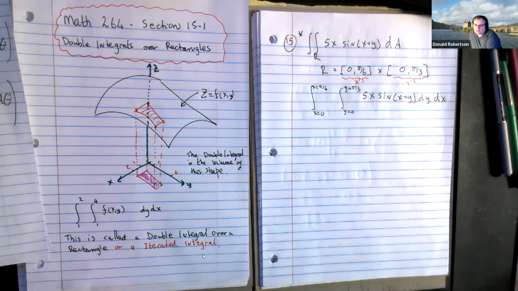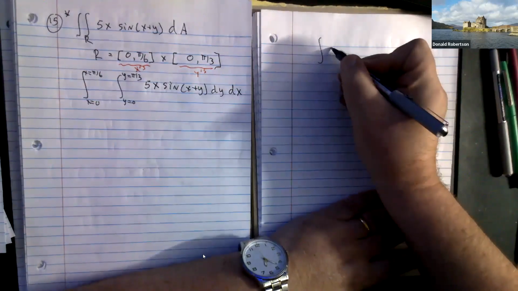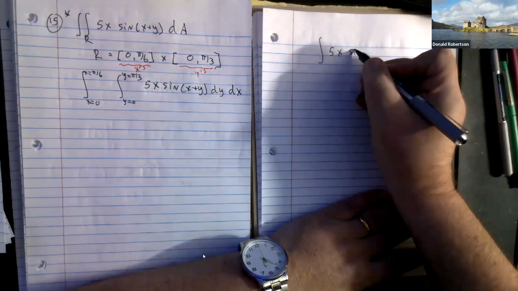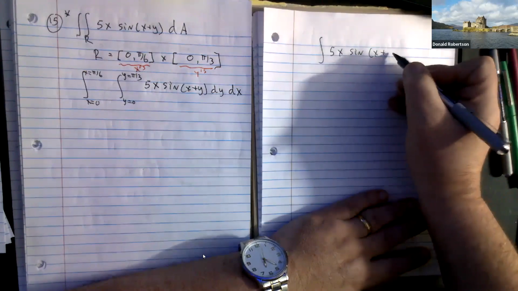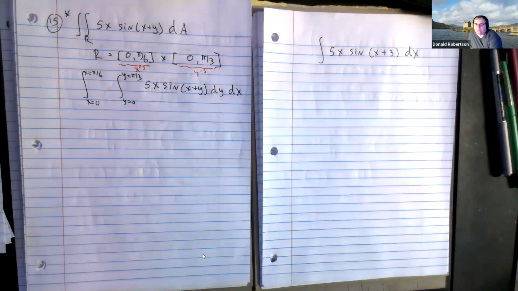And this one, I believe, is the first one where we have to do integration by parts. So I want you to imagine that you were being asked to integrate that.